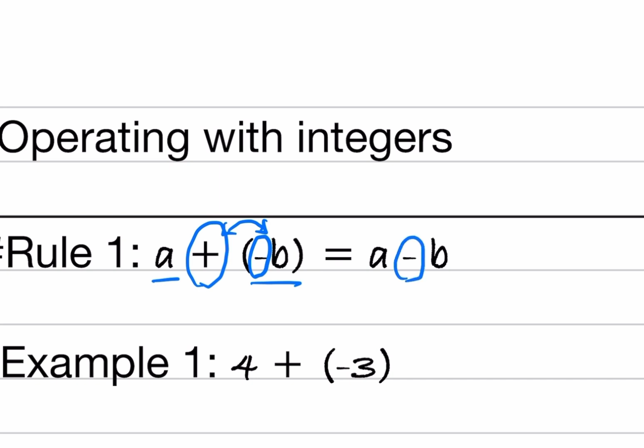Here is an example. If you get a math problem like 4 plus minus 3, we look at this one, plus minus, we multiply it, we get 4 minus 3 equals 1.